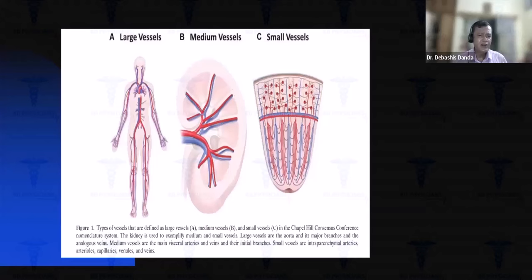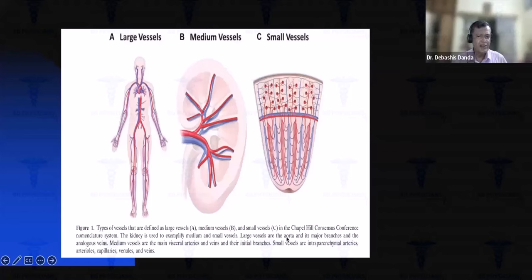Here it is very important to understand the large vessels are basically the aorta and its main branches at origin. Beyond the origin, the branches of the main branch of the aorta are no more large vessels. They become then medium vessels. And when they lose the muscle coat on their wall, they become the small vessels.